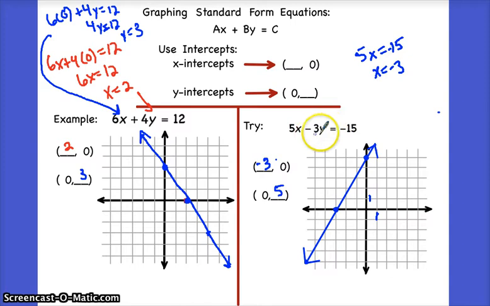And for a y-intercept, if I plug in 0 for x, I get negative 3y equals negative 15, or y equals 5, which is where I plotted 0, 5, and negative 3, 0. Then I followed the line as straight as I could and made a nice smooth line. Don't forget to label your axes.